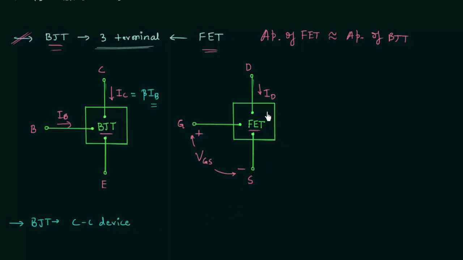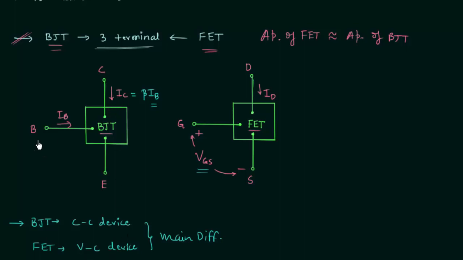On the other hand, the current ID is dependent on the voltage VGS. So FET is a voltage controlled device, and this is the main difference between BJT and FET. BJT is a current controlled device and FET is a voltage controlled device.